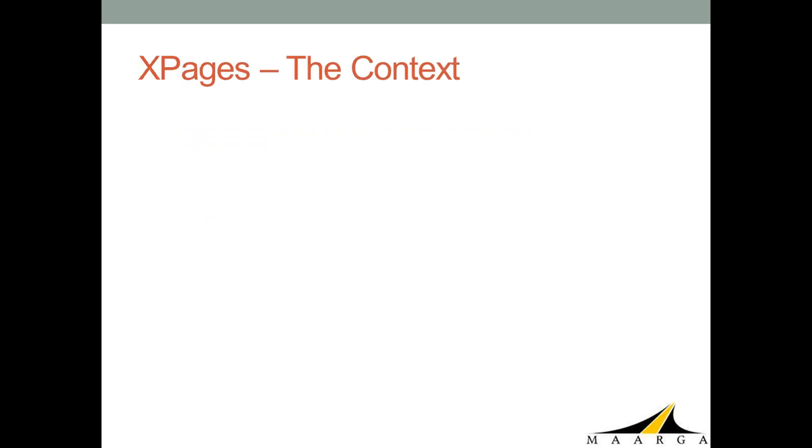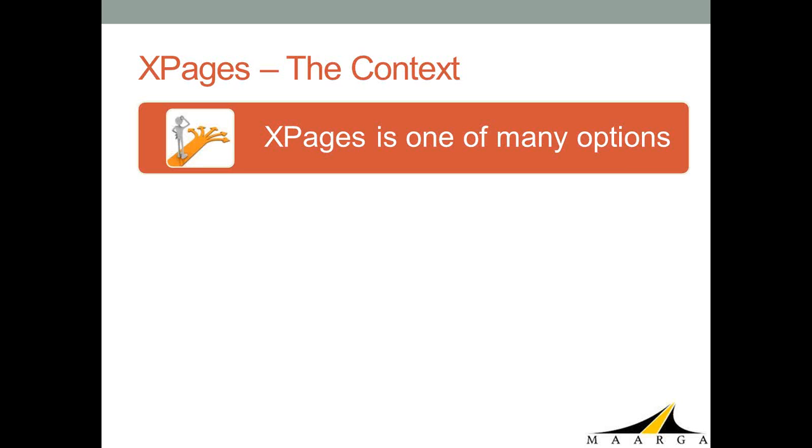So, as I said, let me start off with the context that we have even before we plunge into the pilot and look at XPages specifically. XPages is only one of the many options that we have, and quite often this is not very clearly discussed, or it's discussed in silos. I just want to bring this out on this slide.